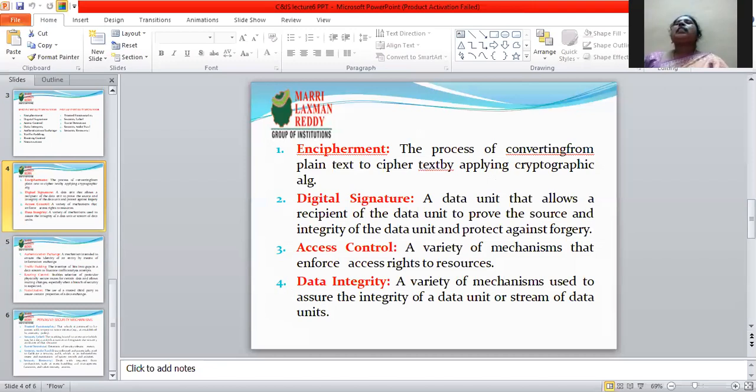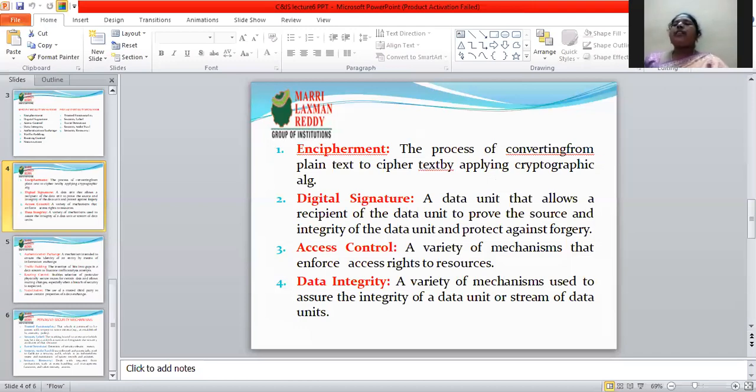Encipherment converts the data into coded form. Decipherment is the reverse process: converting from ciphertext to plain text by applying cryptographic algorithms.